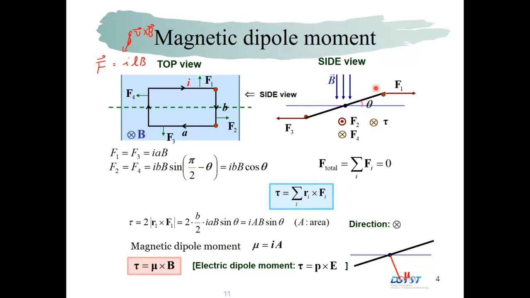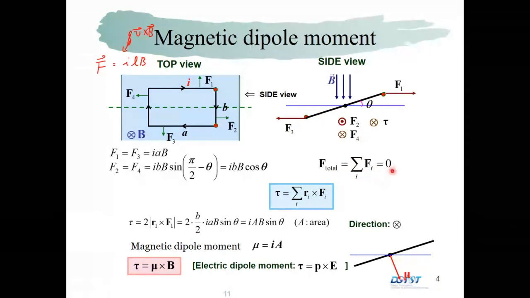In this side view, you can easily see F1 and F3 acting on this side. Even though they are the same and in opposite directions, they cancel out. So the total force acting on this loop is 0.